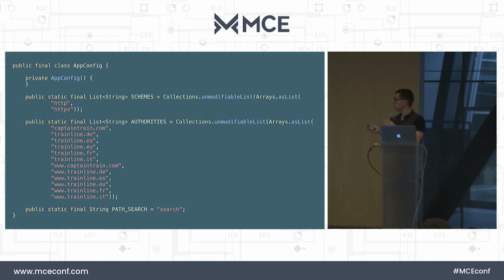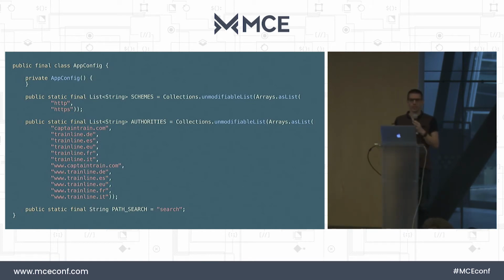The first one is called the schemes list, and it only contains the valid schemes, so HTTP or HTTPS. Then we have a list of authorities, which contains all of the valid authorities, where authorities is a synonym for hosts. And finally, we have a constant for the path that will be the search path.